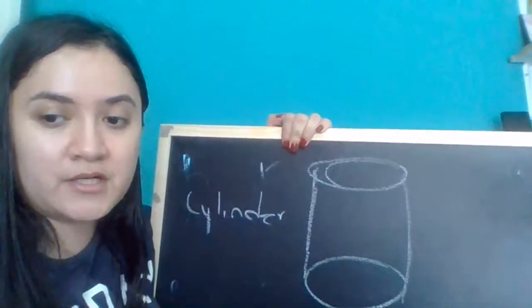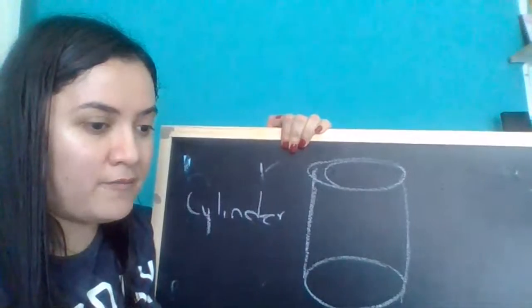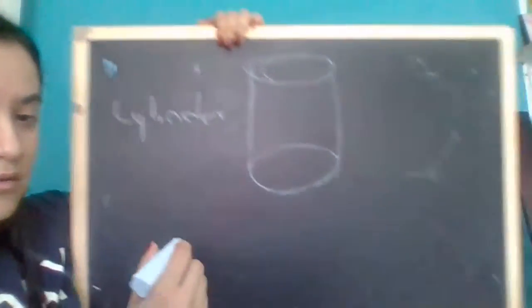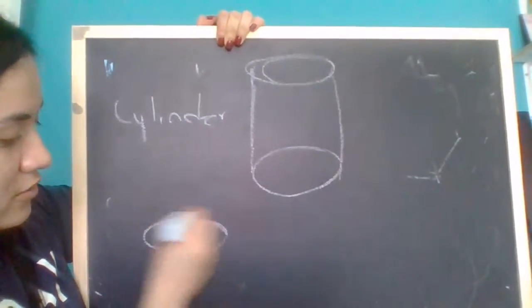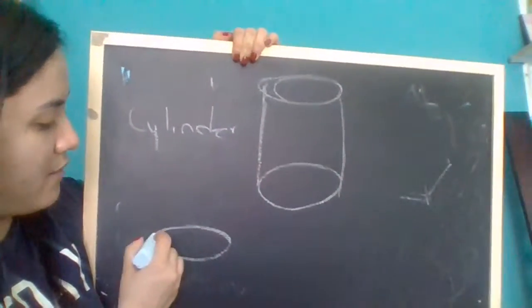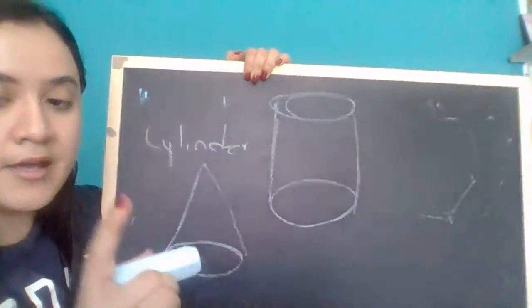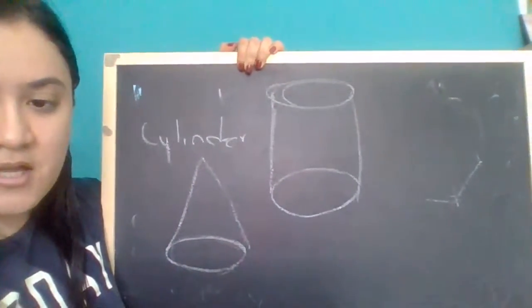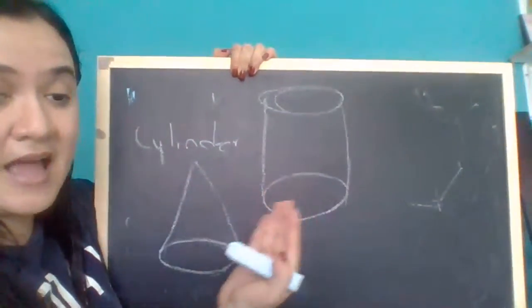Now, we have another one that is a cone. A cone also starts with a circle. Do you see? And you say, yeah, but the cone has a triangle. Yeah, it has a triangle. But since the surface is a circle, it doesn't have edges.